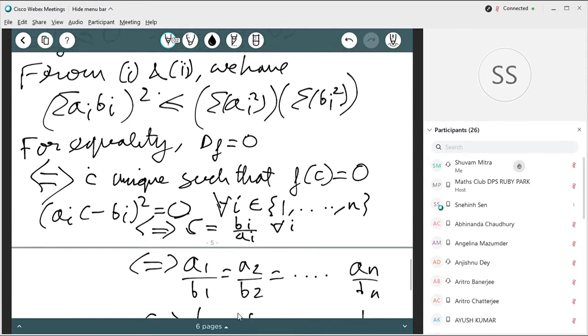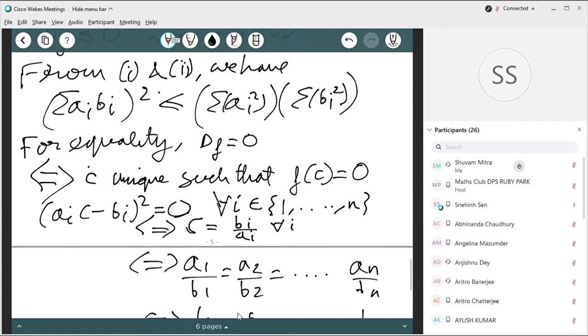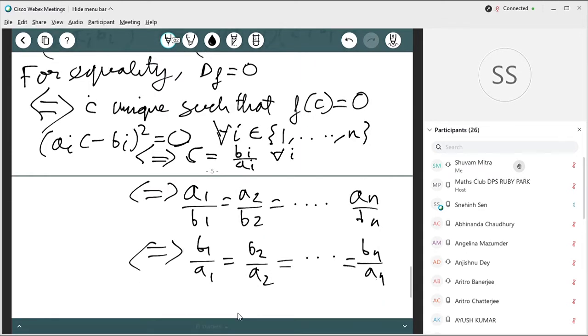So is it clear what I just said? Why this is the only equality case? Now you obviously realize there is some problem if some of these ai are 0. If ai is 0 and bi is not equal to 0, then this is strictly greater than 0 square.